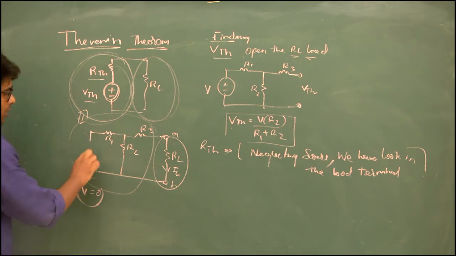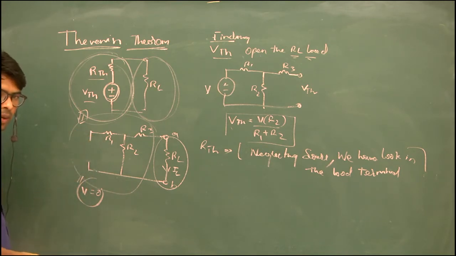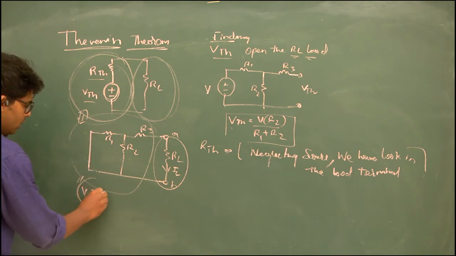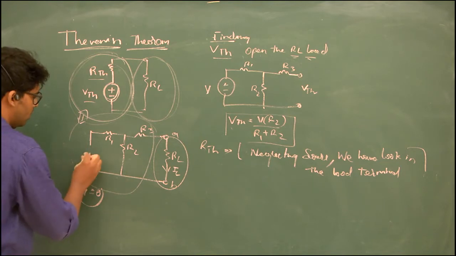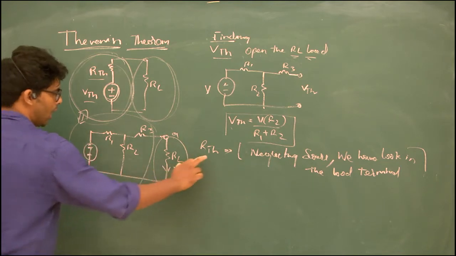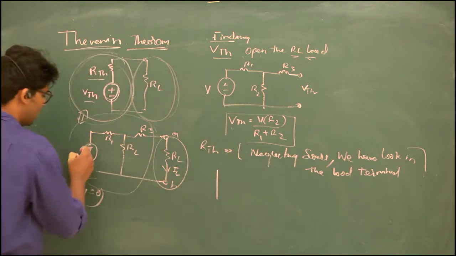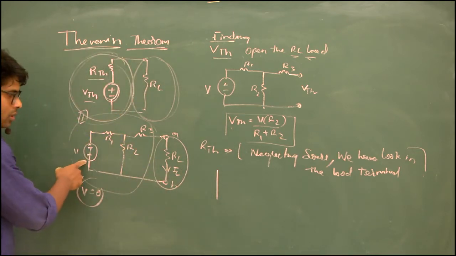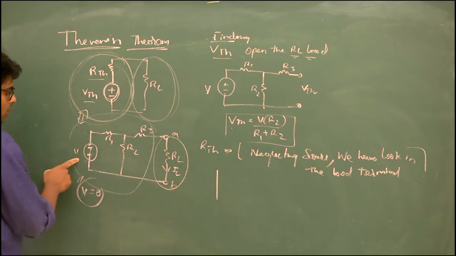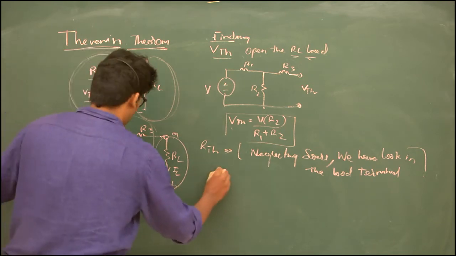Opening the circuit means some voltage will be there, but if you short it, we are making the voltage 0. So to find R Thevenin, the voltage source is replaced with a short circuit. In case of a current source, you open it. In case of a voltage source, we short it.